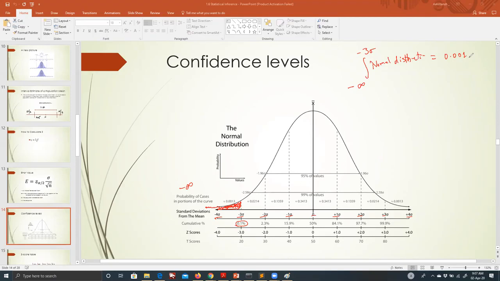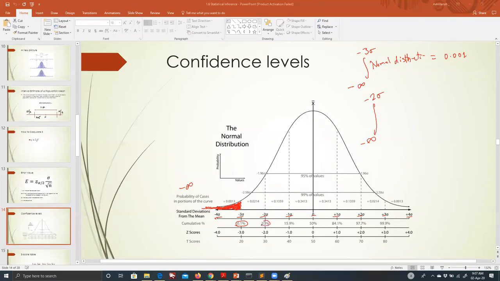Similarly, if you try to go from negative infinity to negative 2 sigma, this is why I have shaded this area. Area calculation will start from negative infinity itself for this chart.